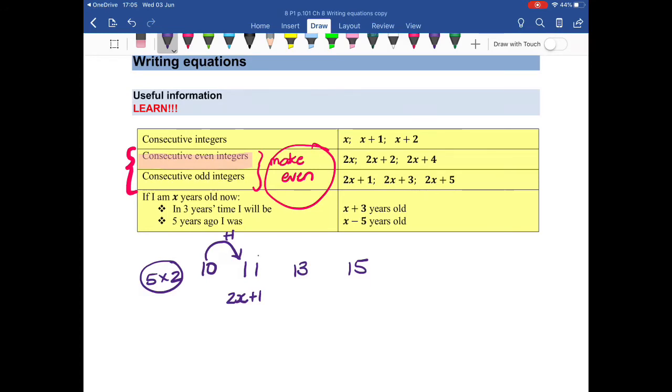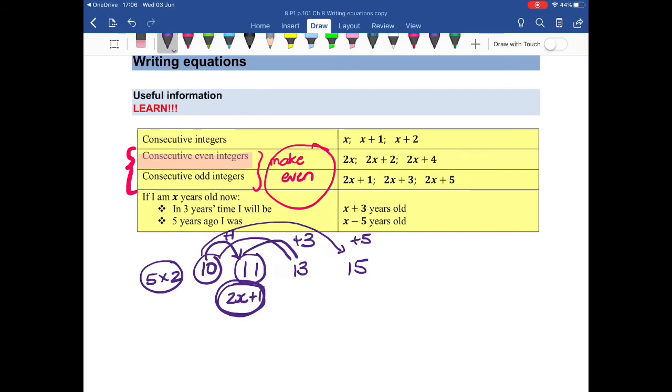To get to the next one, so what do I do from 10? I make it even, and then I'm going to add 3. Then I'm going to add 5. So my first odd number is make it even, and then I add 1.